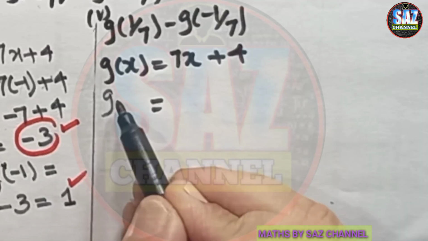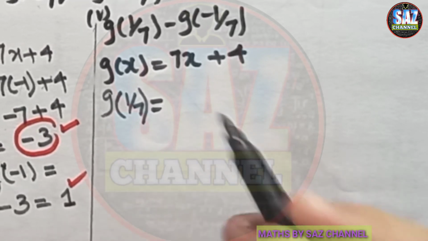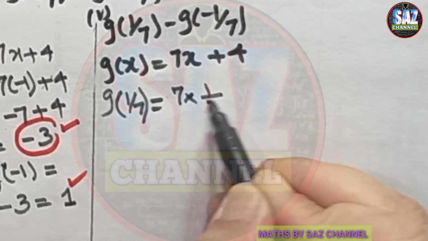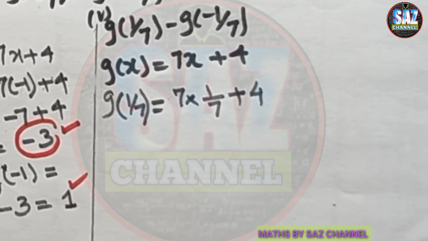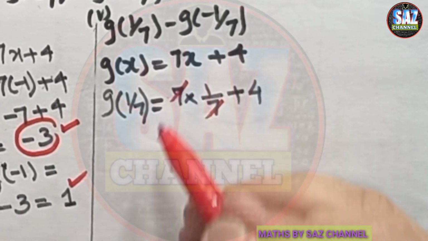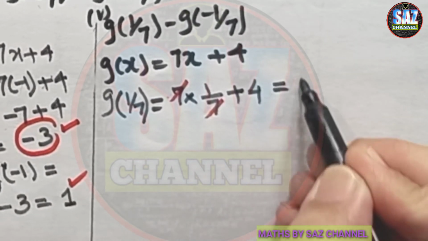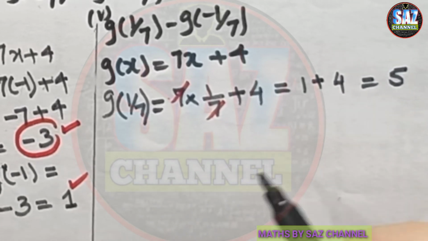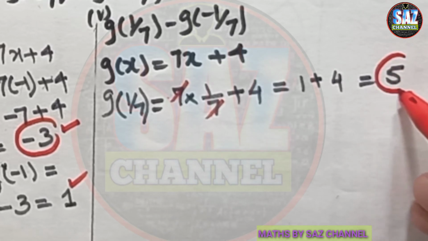So g of 1 by 7 will give me 7 multiplied by 1 by 7 plus 4. This 7 can cancel with this 7, and I am left with 1 plus 4, which is equal to 5. This value will be used in the next part, so I encircle it.